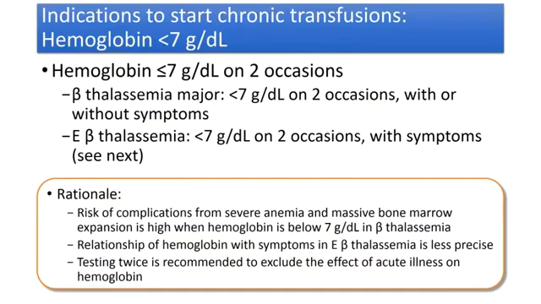The rationale is that in beta thalassemia major, it is well established that once the hemoglobin levels fall below 7 in young children, there is going to be a massive bone marrow expansion, and there will be severe symptoms from anemia. But the relationship of hemoglobin with symptoms in E beta thalassemia is less precise, due to reasons previously mentioned. The other thing is that we recommend testing the hemoglobin twice, just to exclude the effect of an acute illness on the anemia.